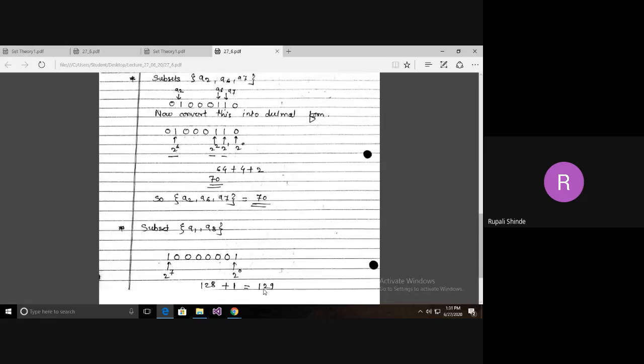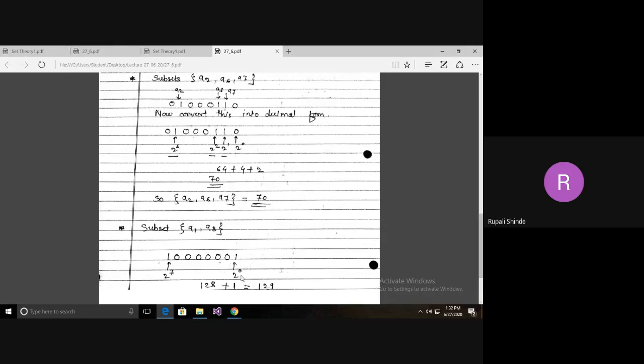So first of all we have to check what are the different elements present here. A1 is present, then A2, A3, A4, A5, A6, A7. Up to this we have to write 0 as those elements are not present in this subset. Now the next element is A8, that is present. That's why we have to write 1 here.